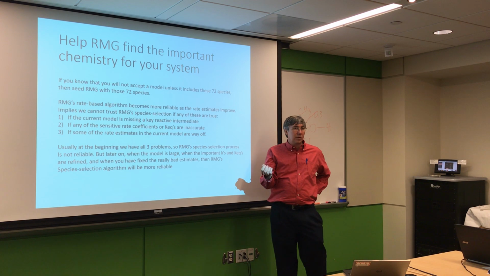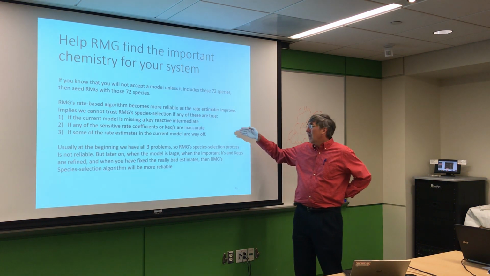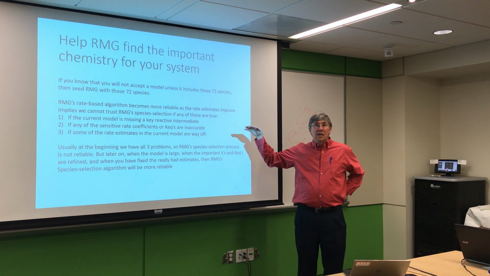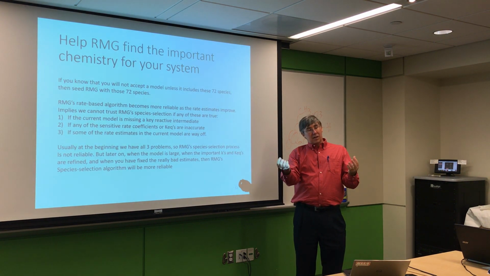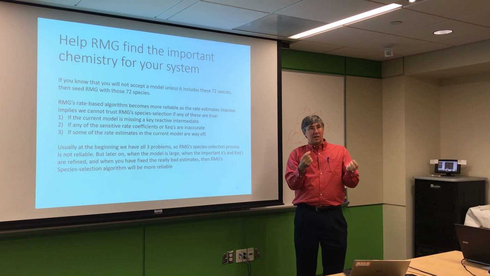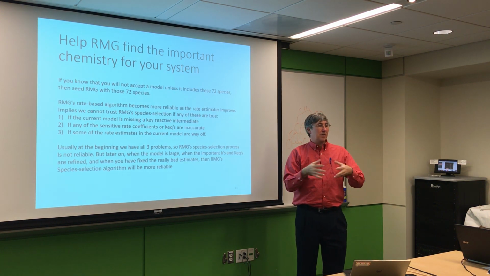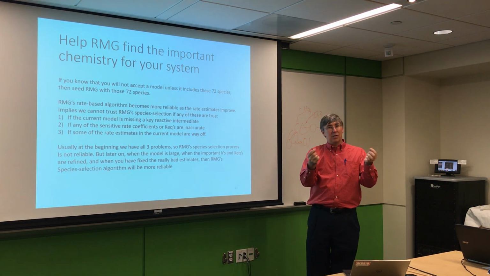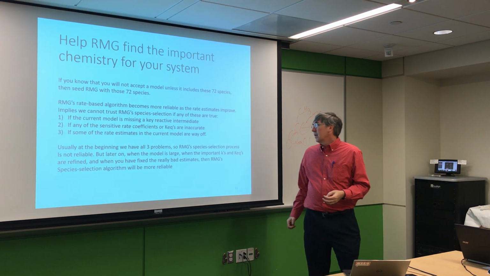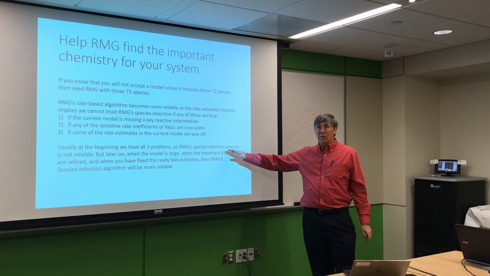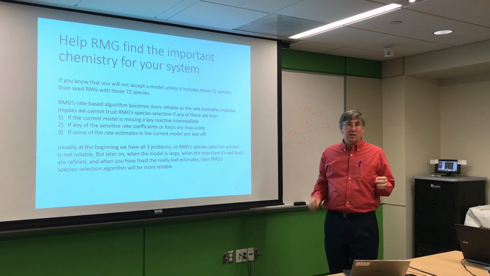It's not going to know what's important. So you're going to have to get all these things fixed. But if you do have all these things fixed, the RMG algorithm is actually pretty good at selectively adding the next byproduct. That's the way the algorithm's set up: if the concentrations are roughly right, and it's just adding a little bit of minor perturbations at a time, it should be okay. But at the beginning, you really don't know if the model has any reality at all.